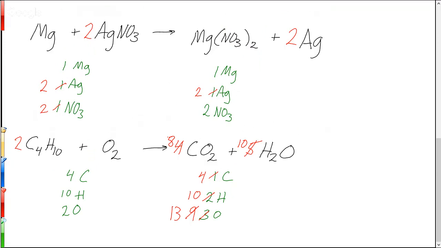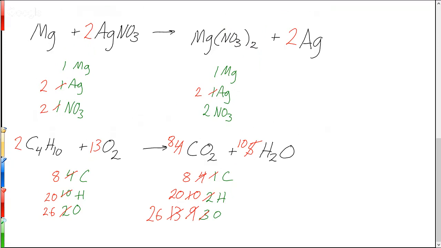We can redo our totals now: 8 C's, 20 H's, and we still have 2 O's there. Over here now we've got 8 C's and 20 H's, and instead of 13 oxygen, we've got 26, 16 plus 10. So now we can put a 13 here to bring those into balance and get 26 oxygens. 13 times 2 is 26.